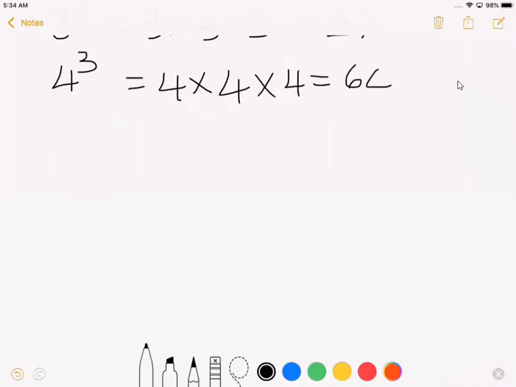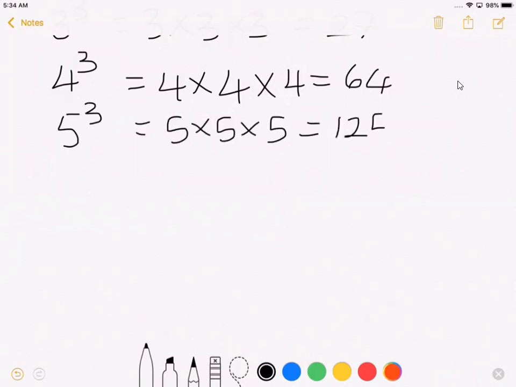Then 5 to the power of 3 is 5 times 5 times 5, which is 125. The others you can do on your own.